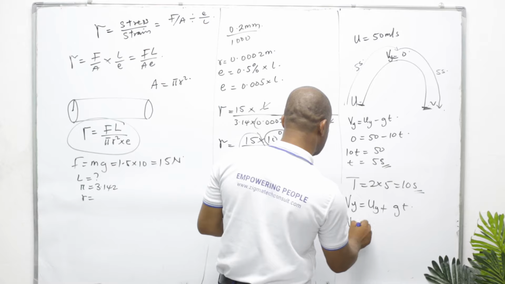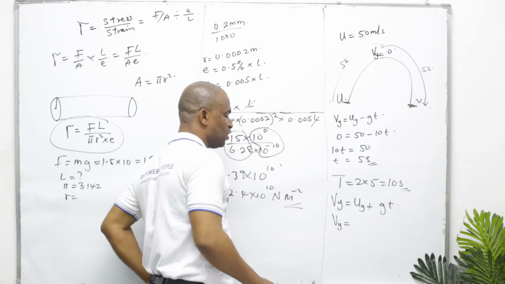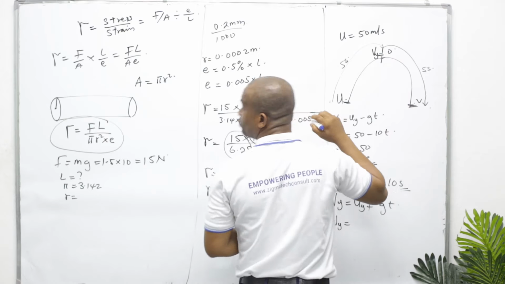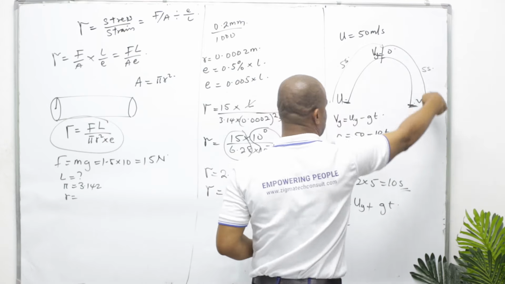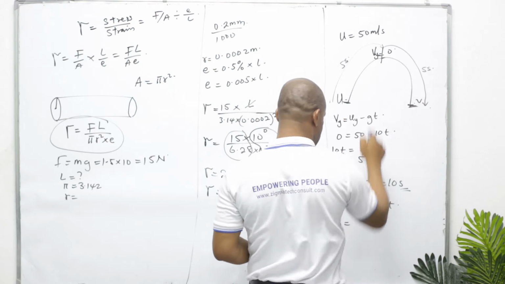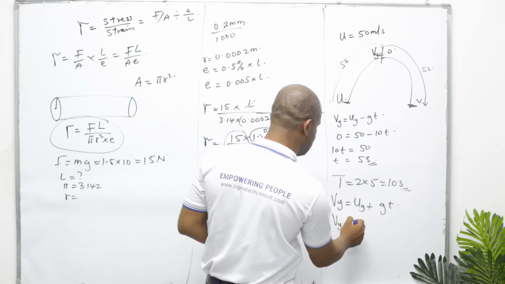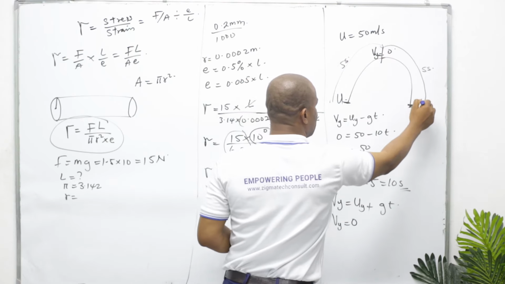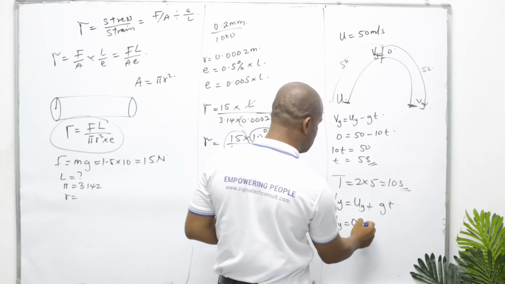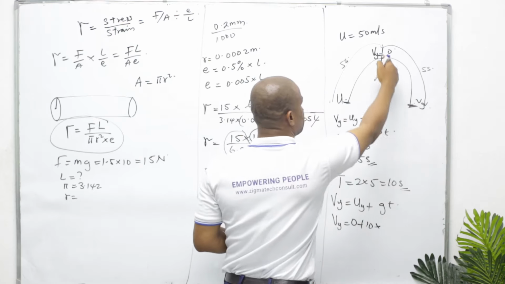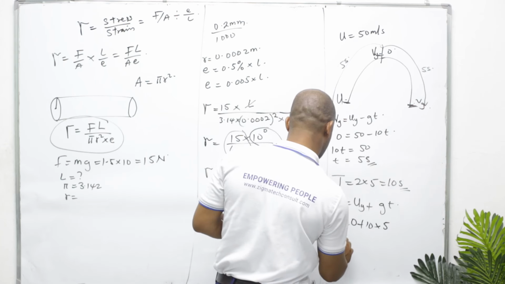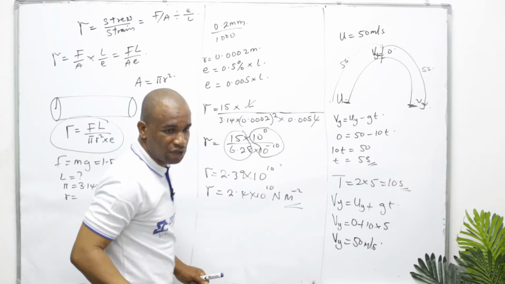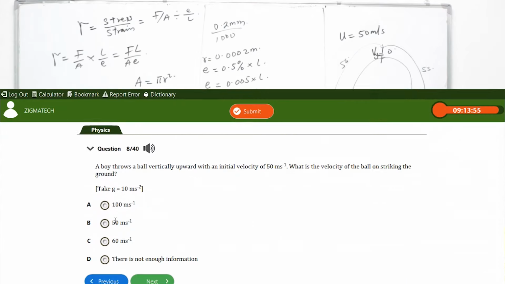From here to here is 5 seconds, and the initial velocity is 0. This one now is initial, and this is the final. Therefore, plus g, which is 10, times 5. So Vy is 50 meters per second. So we are going to the next one. I have 50 here.